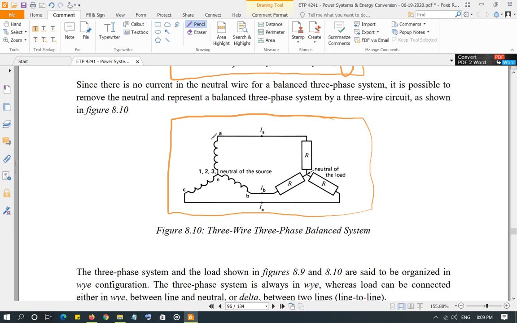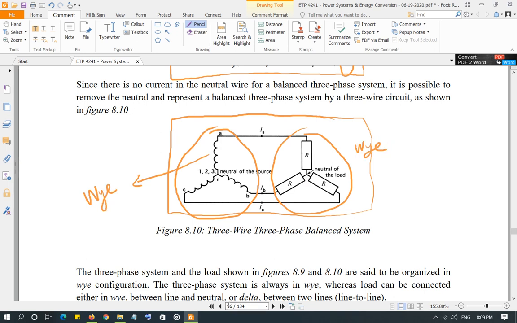This type of arrangement is called a Y arrangement of load. Three-phase power is always generated such that the coils are in a Y arrangement. And if the load is also connected in the same configuration, then the load is connected in Y as well. What is Y?